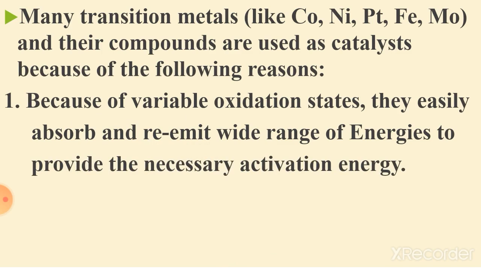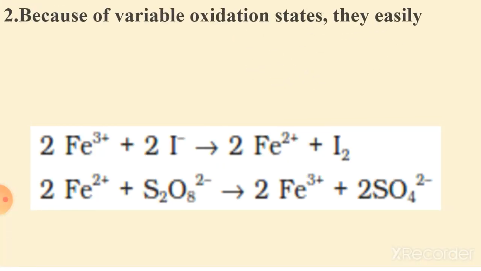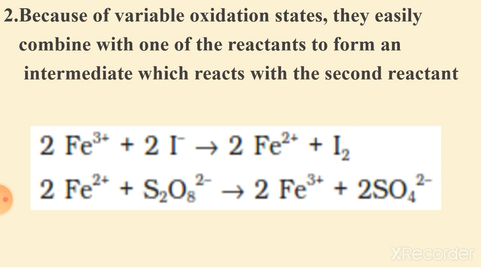Second point: because of variable oxidation state, they easily combine with one of the reactants to form an intermediate which reacts with the second reactant to form the final product.